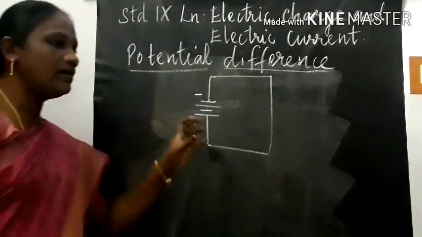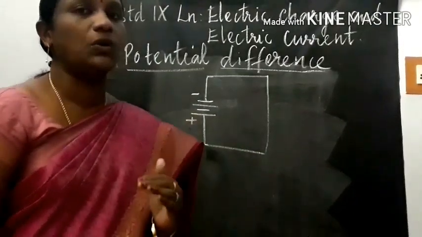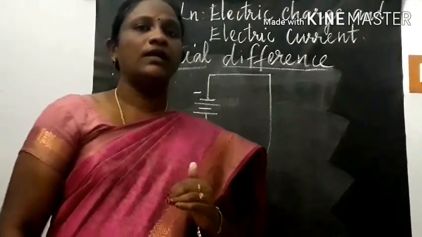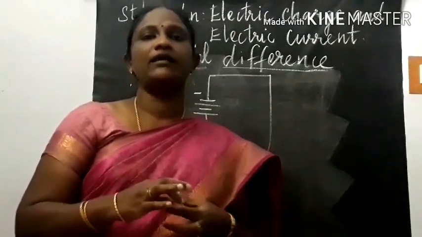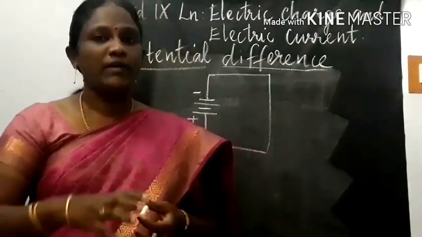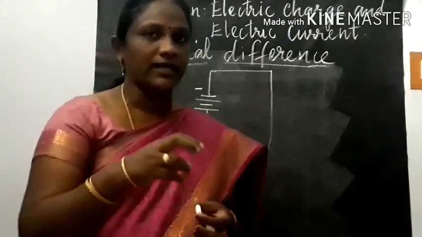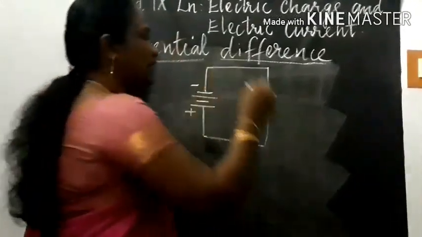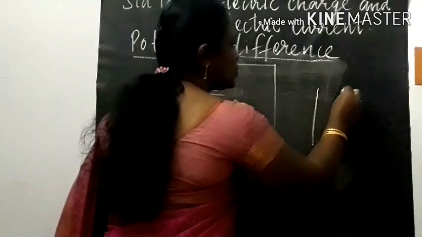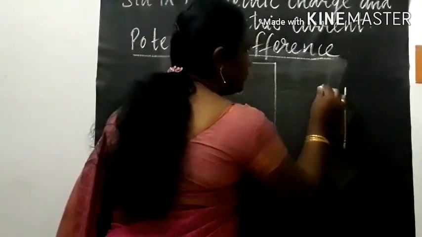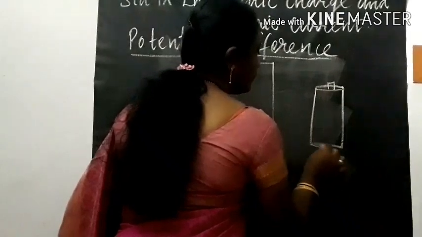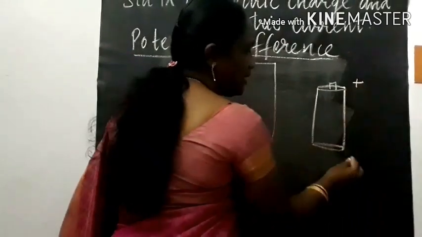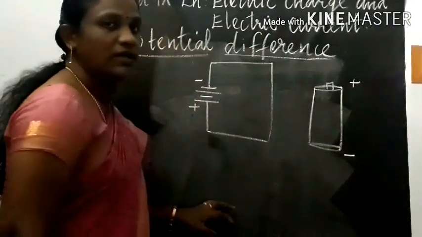So how is the electron flowing through this circuit? A battery consists of a cathode and anode. This creates a chemical energy inside the battery. The chemical energy will create a potential difference in the battery. So you might have seen a battery, with a positive terminal and a negative terminal.